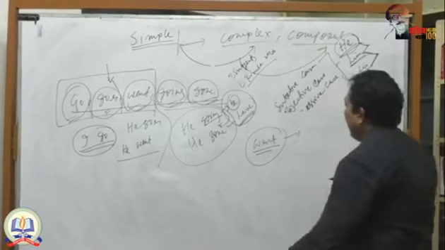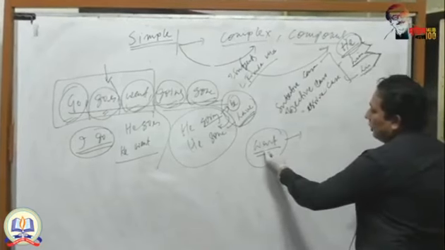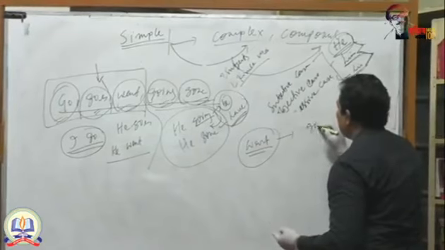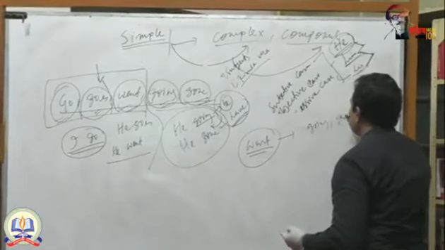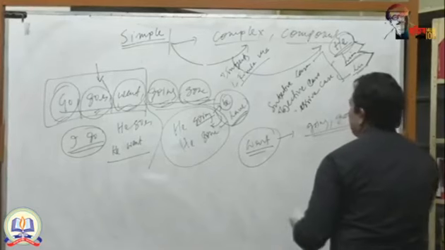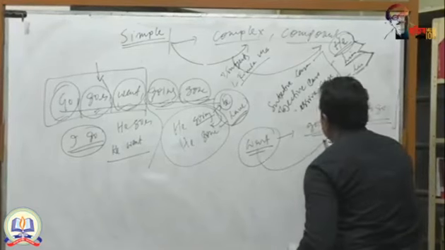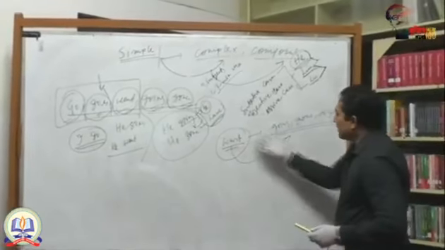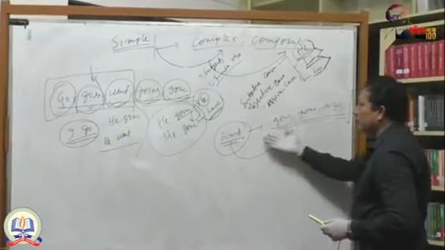If I have to make it non-finite, what should I do? I can do it in this way: going, gone, or to go. These 3 forms are non-finite. So a finite verb can be transformed into non-finite in this way.